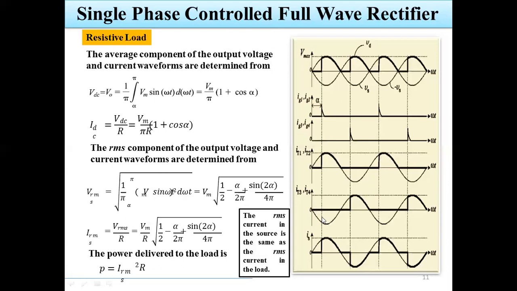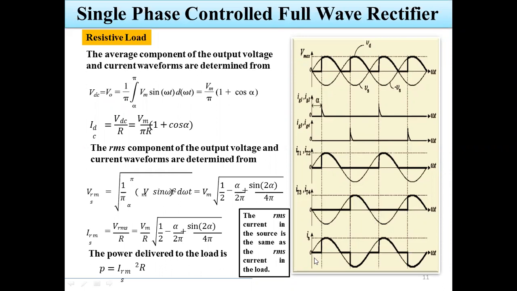Next, T3 and T4 will conduct at pi plus alpha. This is pi, and this is alpha, so pi plus alpha. Sorry, T3 and T4 will be conducted at pi plus alpha. Next it should be 3 pi plus alpha, like that. And what about the current values?